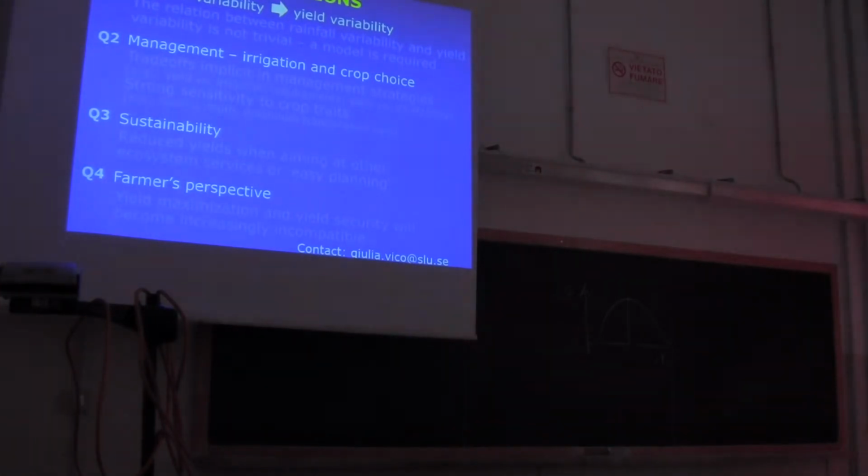Now, questions from the students first. Ready to ask a question? Yeah, please. I have a question about how to study the relation between soil moisture, biomass, and the impact of rainfall and irrigation.